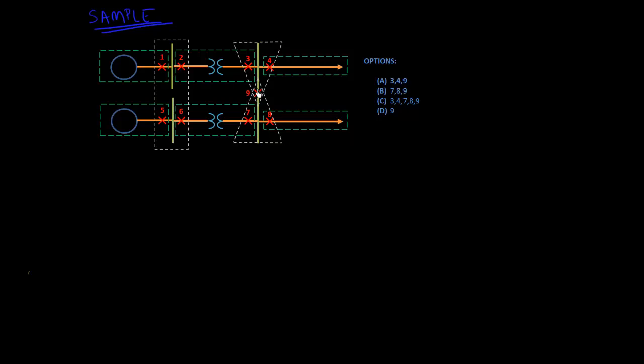And let's say our fault occurs here, that's your point F. In this case, which breakers would open? Would it be 3, 4 and 9? Would it be 7, 8 and 9? Could it be just breaker 9? Or would it be all of these breakers? Think about that based on the discussion we've had.